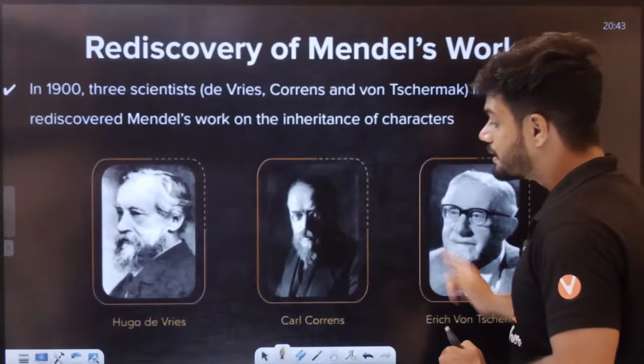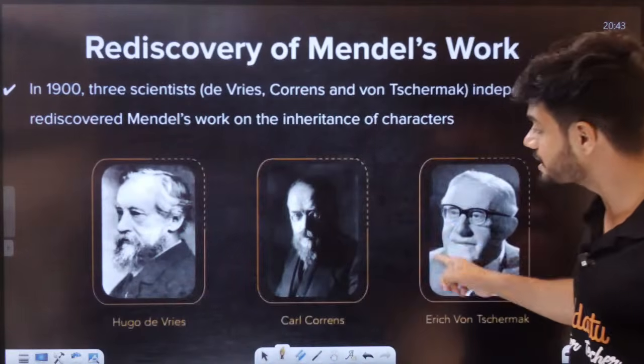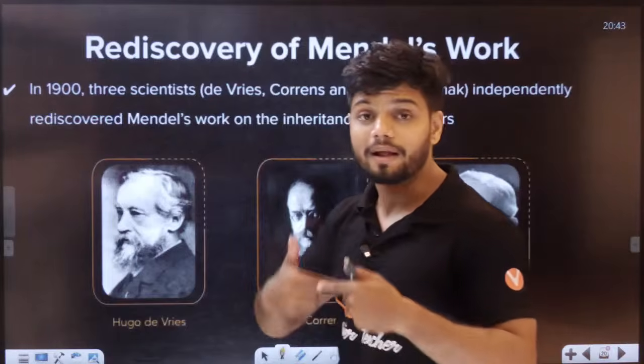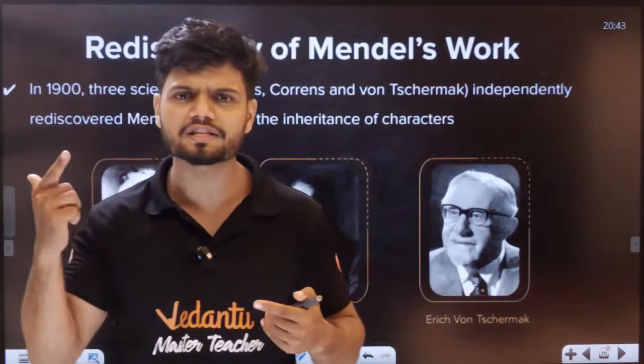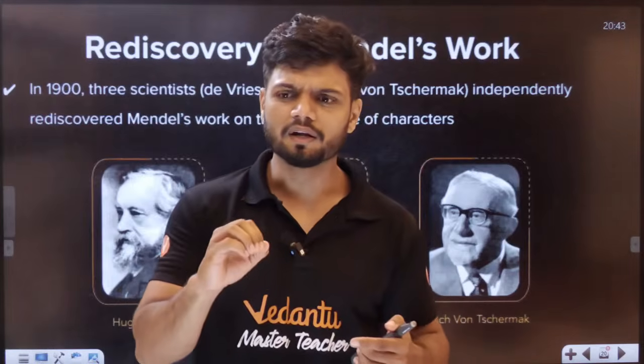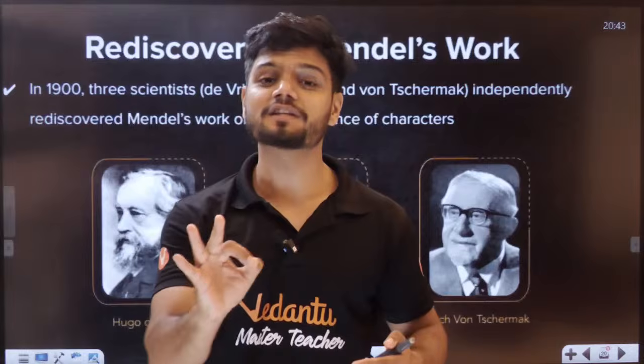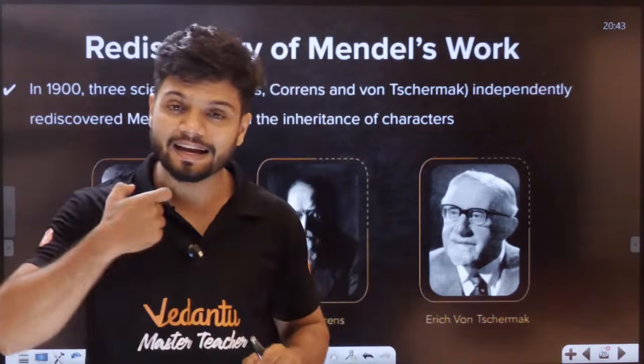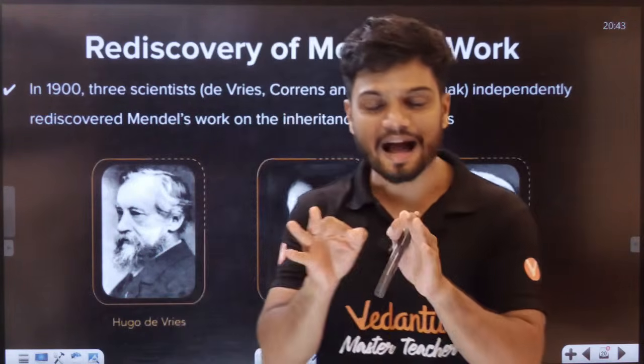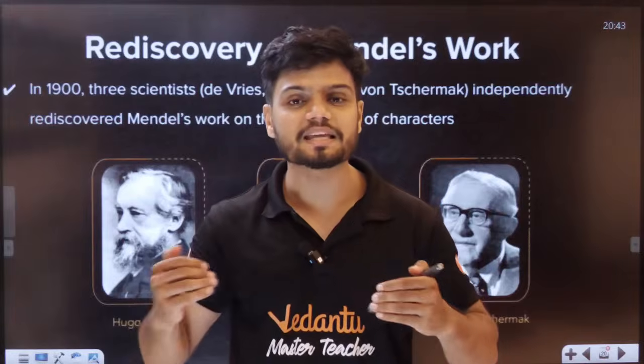There were 3 different scientists who individually, when they were working on a project, realized, wait a minute, there was a scientist before who had already explained everything, and that is where 3 different scientists independently rediscovered Mendel's work. As we know right now, genetics came into existence.